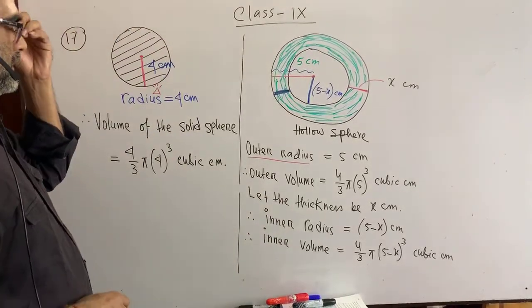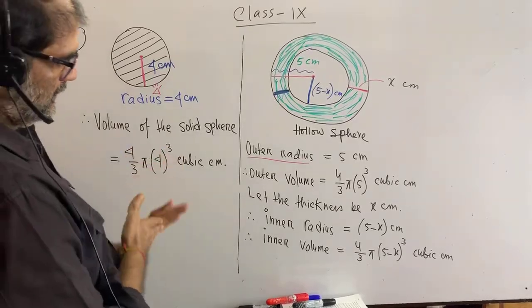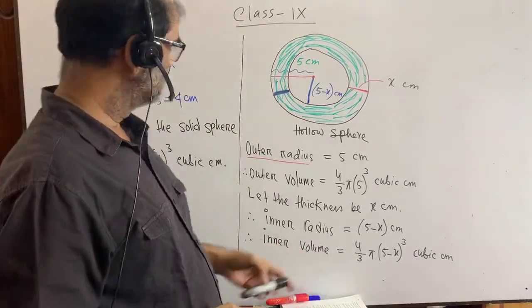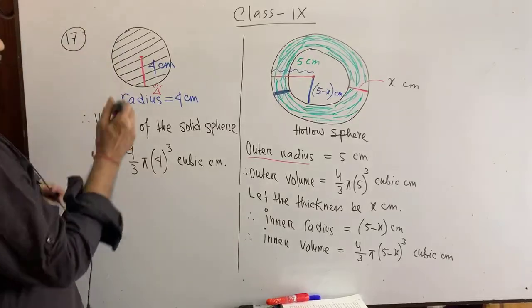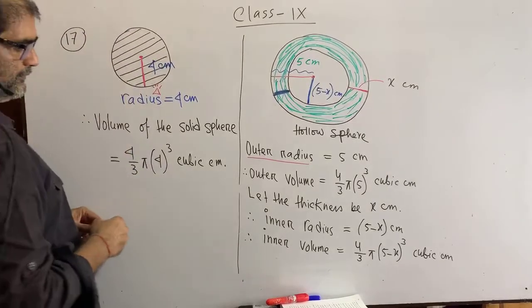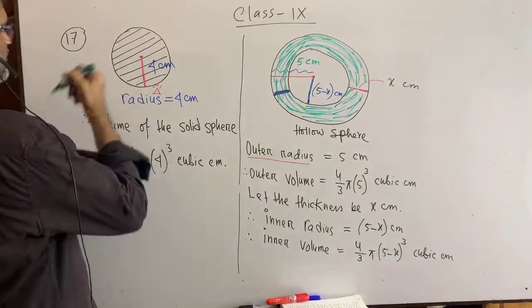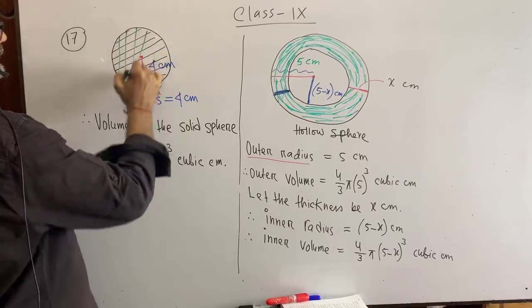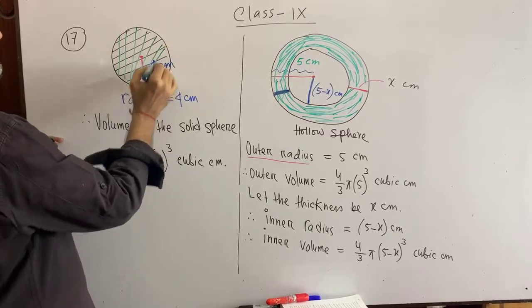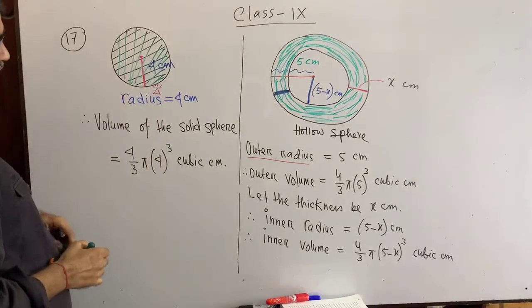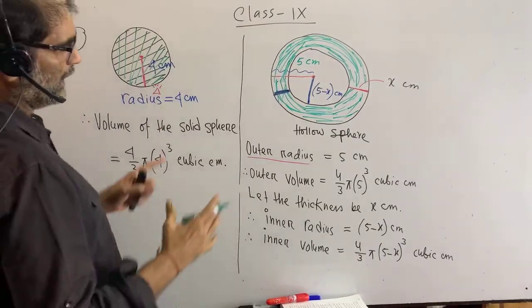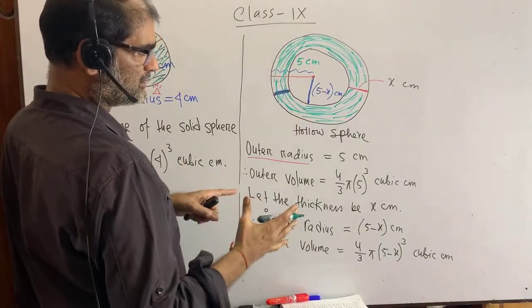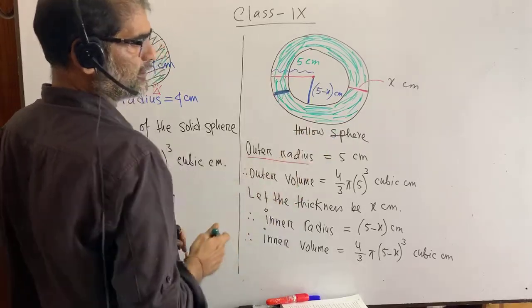Okay, now you see, this is the molten pot, right? Using the volume of this iron, we have made a new hollow sphere, right?